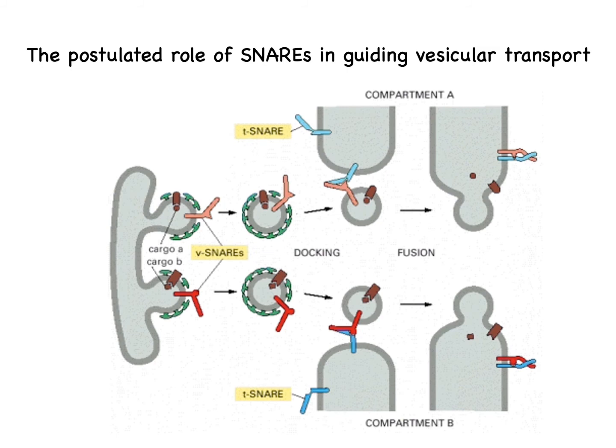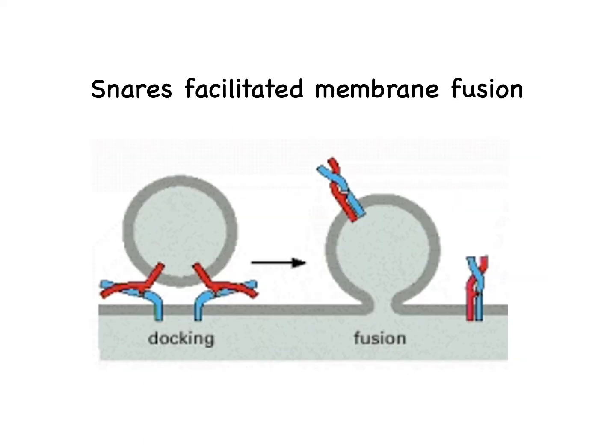There are other molecules that facilitate this called SNAREs, and so their job is to interact with the SNAREs on the vesicle, interacting with the SNARE on the target membrane to bring the membranes closer together so they can fuse. You see this in the next slide. And when you take two soap bubbles and they come together, sometimes they can fuse to form one bigger one.